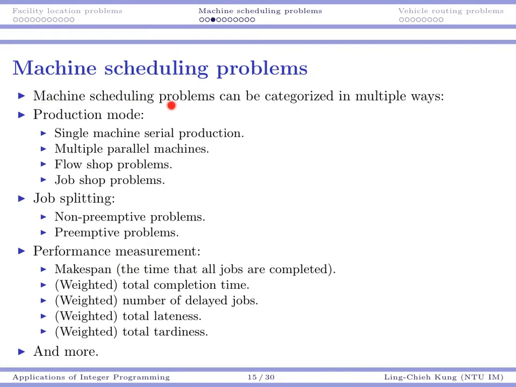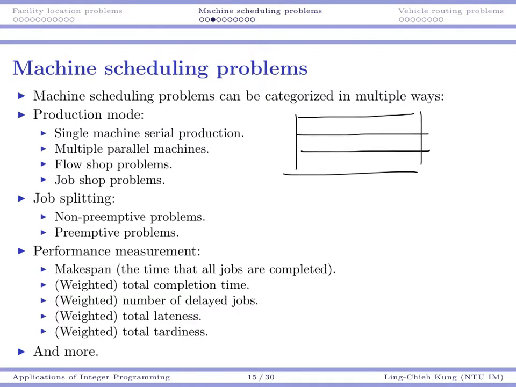Machine scheduling problems can be categorized in multiple ways. For example, we talk about different production modes. Sometimes you have only one single machine. Then it's always serial production. Sometimes you have multiple machines. In one situation, you are talking about parallel processing. For example, you probably have, let's say, 3 machines, and you have n jobs.